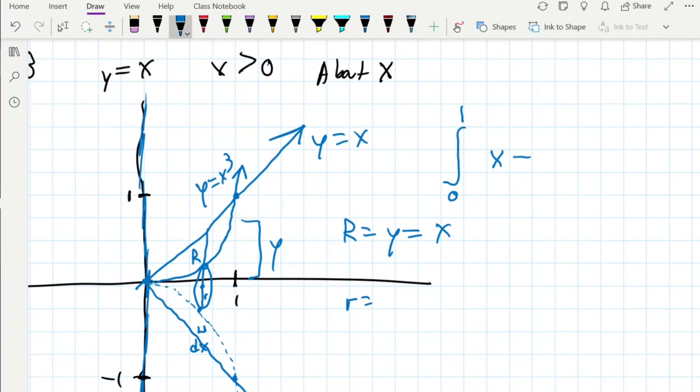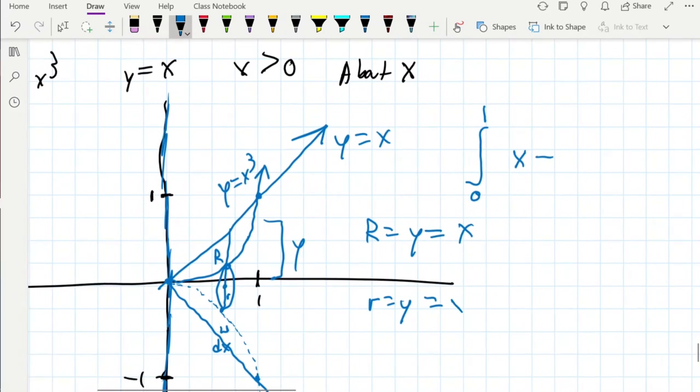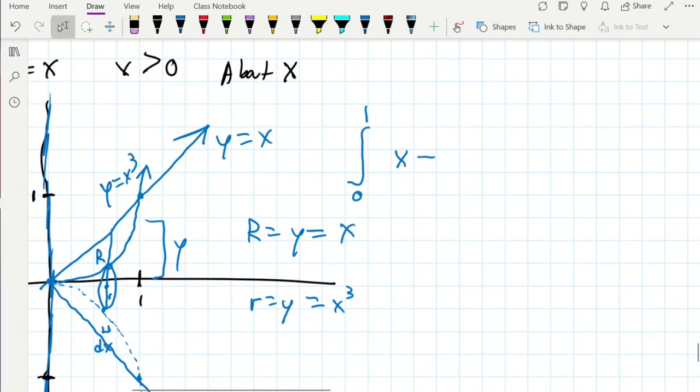And then little r also equals y, but instead it's going to equal x to the third power. All right, so it's going to be x minus x to the third dx.